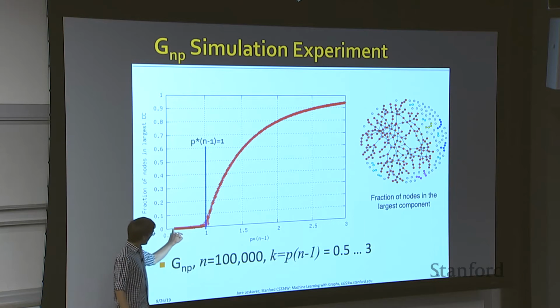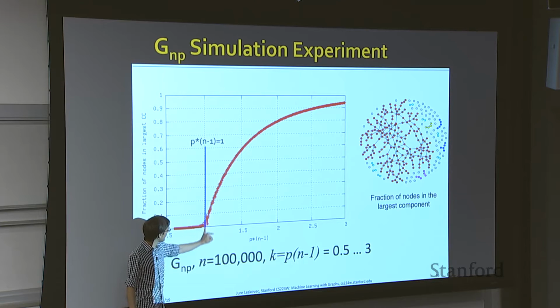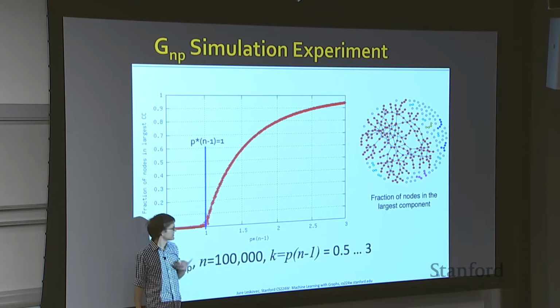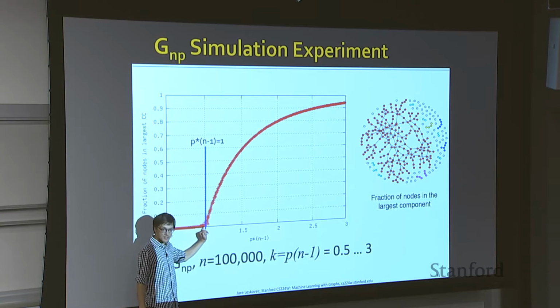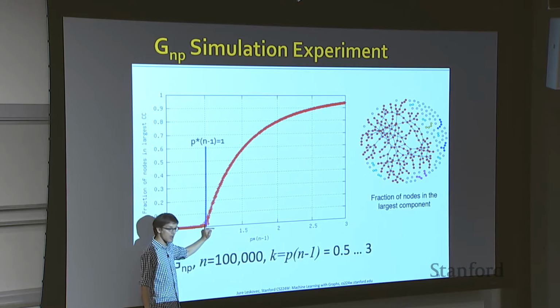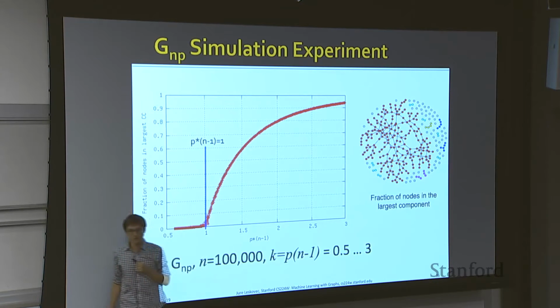You see how the largest connected component, as I increase average degree, is very tiny. And then once I cross 1, the largest connected component size starts to increase. There is this phase transition where before, the graph is essentially disconnected, I cross the average degree 1, and this giant connected component starts to form, right?